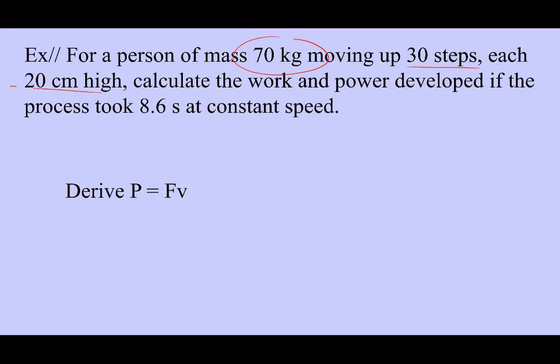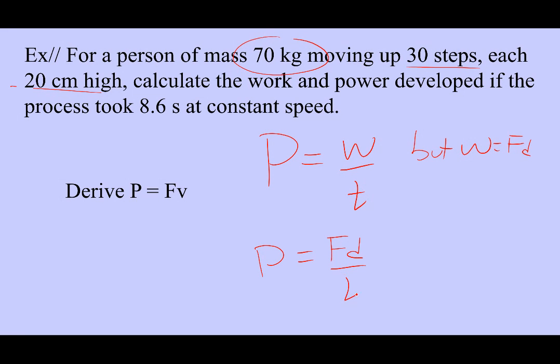So power equals work over time, but work equals force times distance. So if I substitute that in, we got force times distance over time. But if it's moving at a constant speed, which in this case it was, then the distance over time can be substituted by v, because v equals d over t.